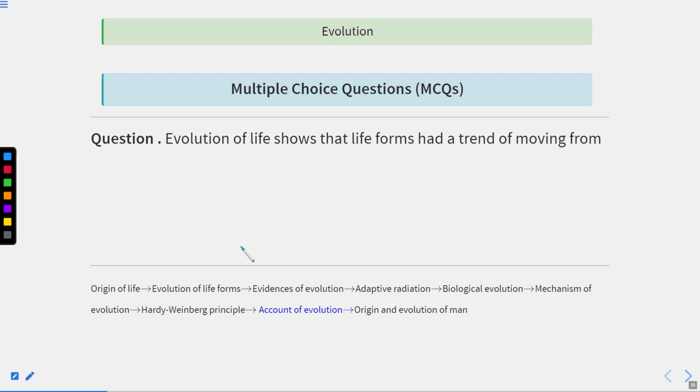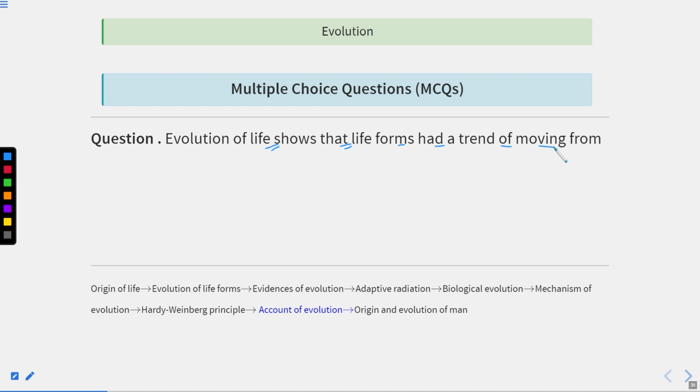Now let's talk about the next question. Evolution of life shows that life forms had a trend of moving from, we know life originated in the water, and then later on terrestrial organisms evolved.